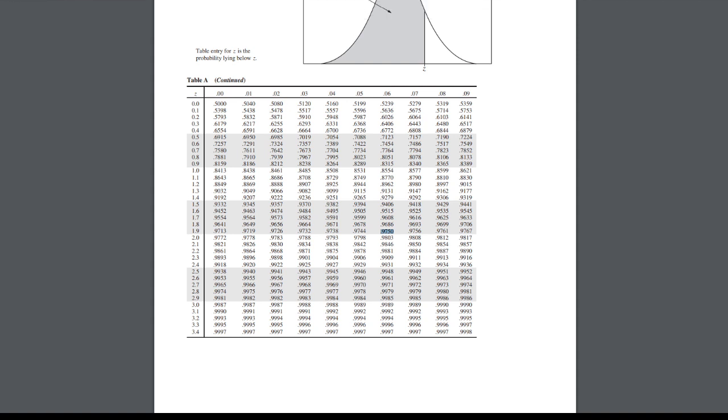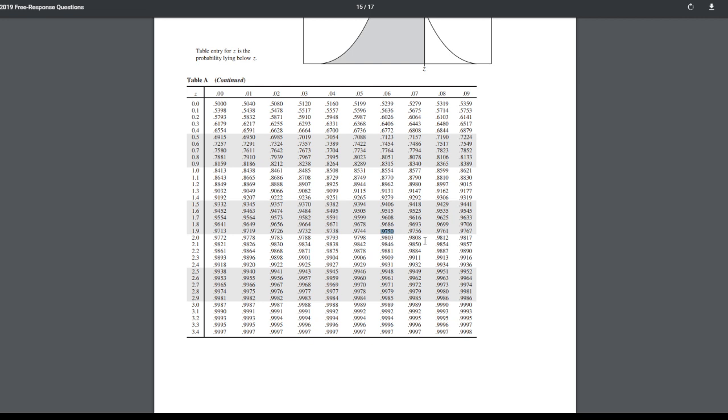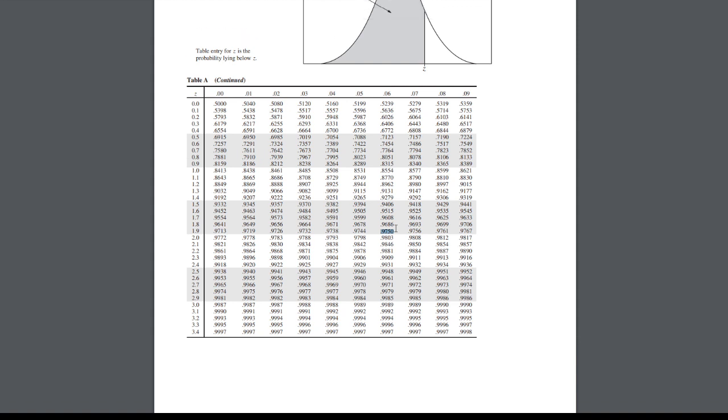Looking at that chart, I have the 97.5th percentile. And if you look far to the left, 1.9. And if you look all the way up to the top, 0.06, 1.96 is the z-star that you're looking for. This is how you could use this chart.